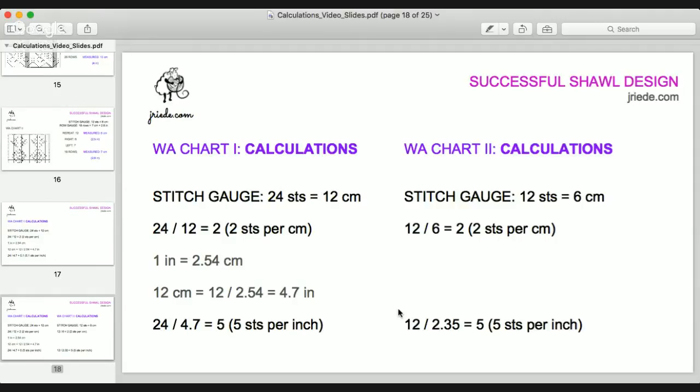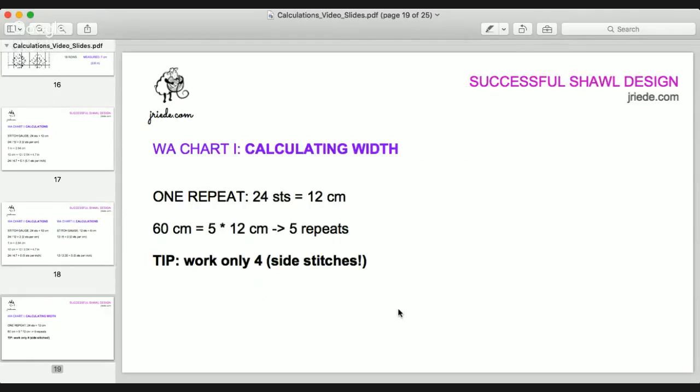The same calculations are done for the second chart, and this is what results in it. So now that we know our gauges and our width of one stitch pattern module, we can continue with calculating the width. Respectively, we want to calculate the number of repeats.